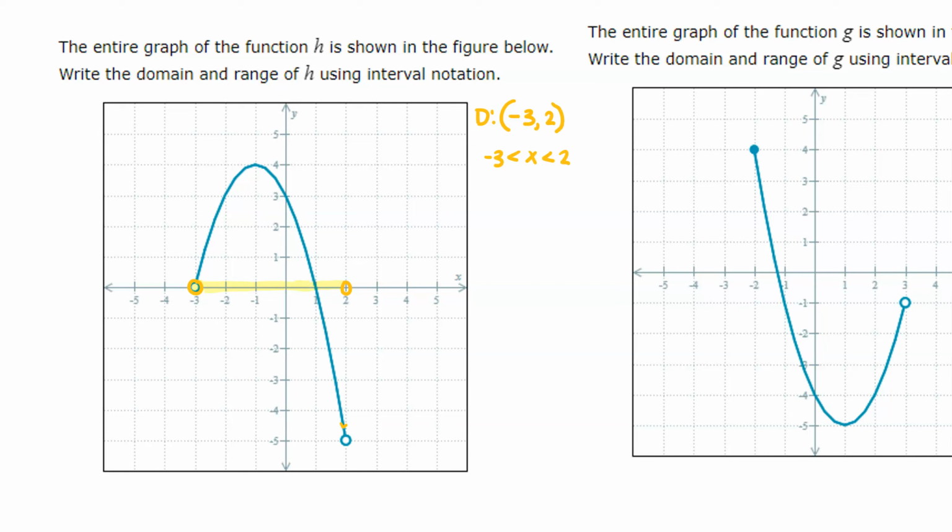Now for range, we're looking at what y values have x values that go with them. So like we never get y is 5, right? Because if you look at the y equals 5 line, it doesn't touch the function. So we're looking at how low and high the function goes.